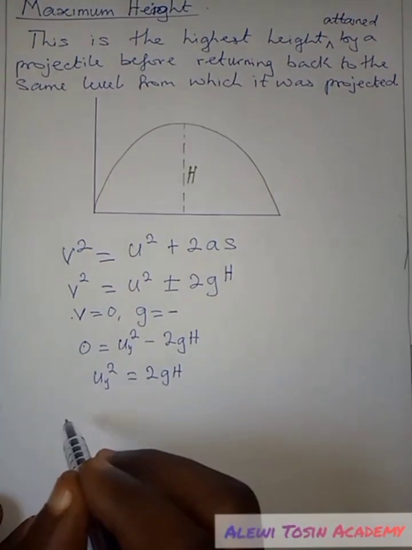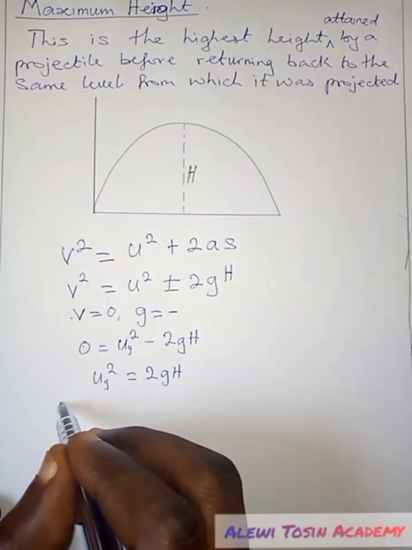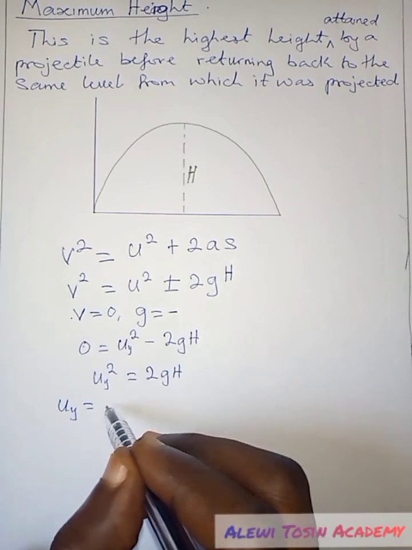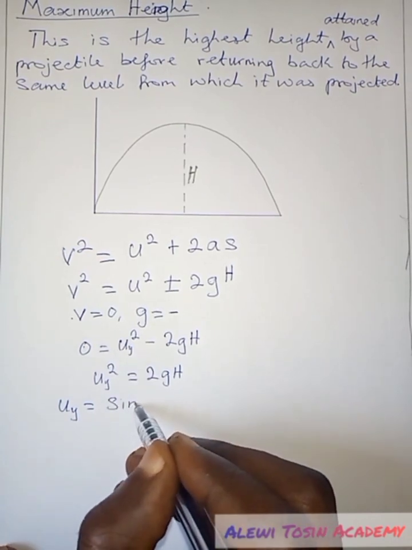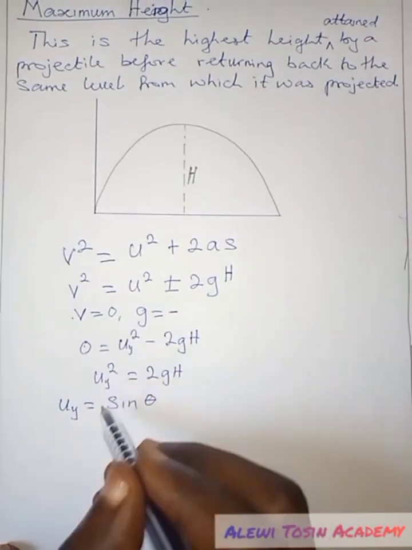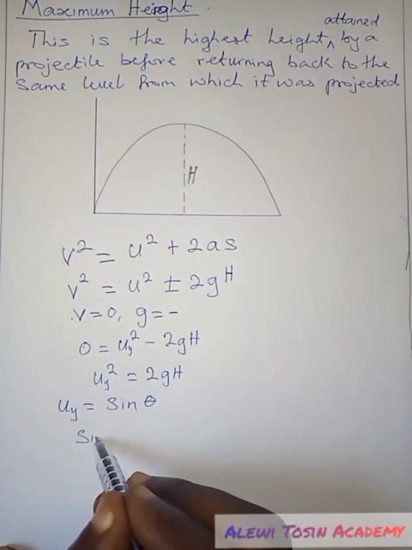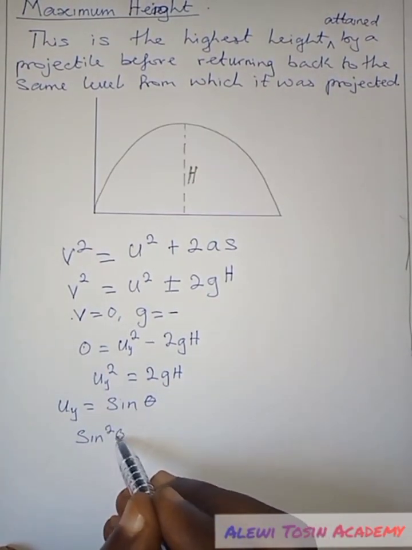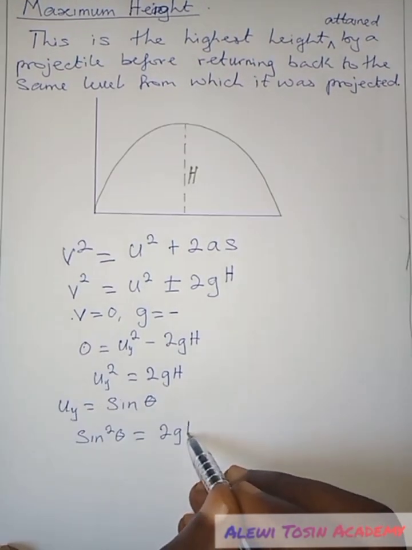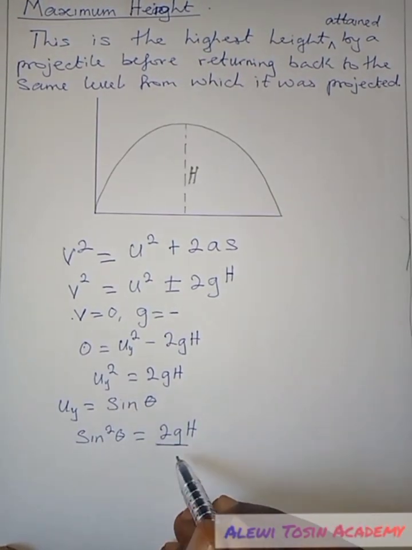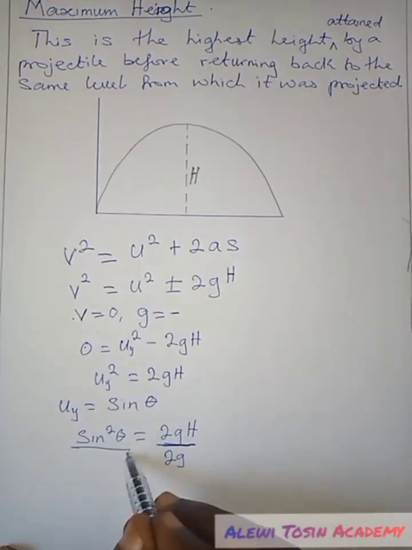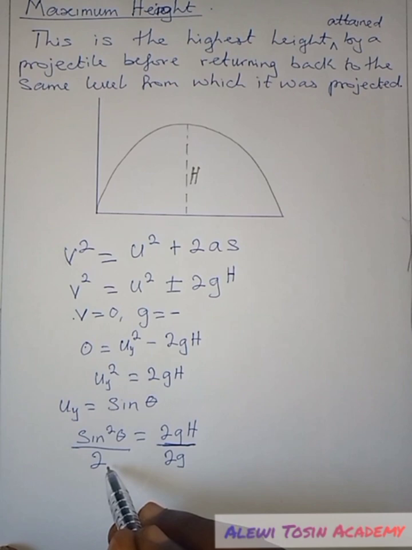And recall, I gave it to us in our previous class that u_y is u sine theta. So this will be u squared sine squared theta equals 2gh, making h the subject of the formula.